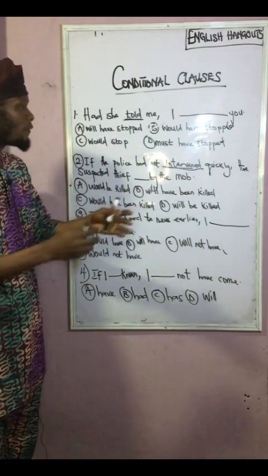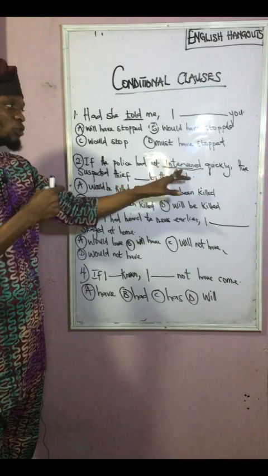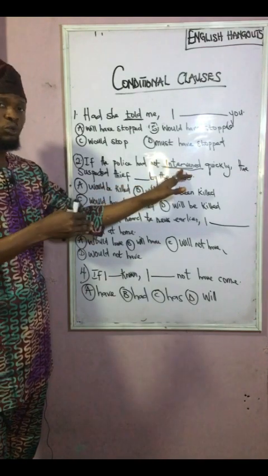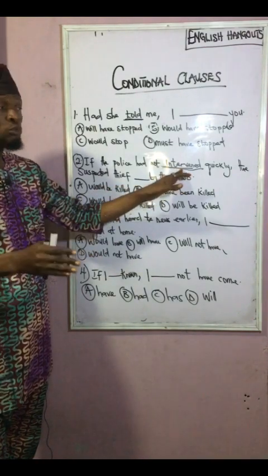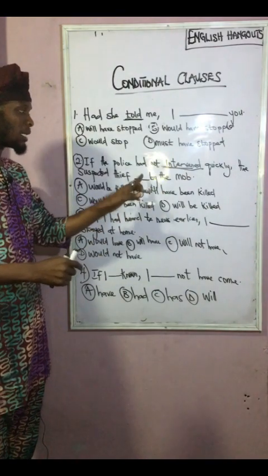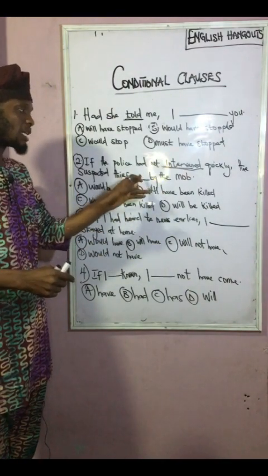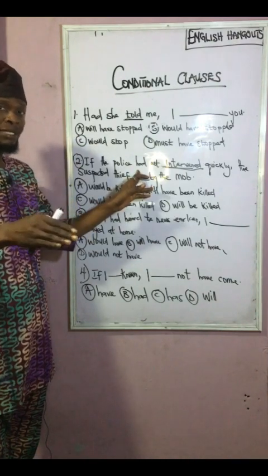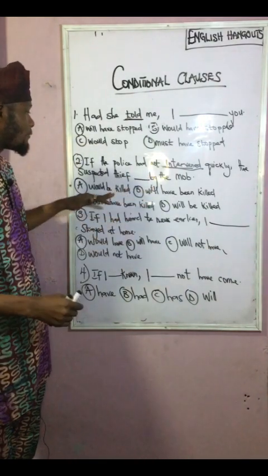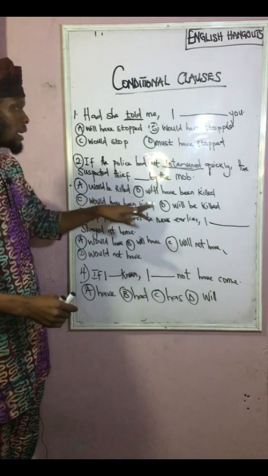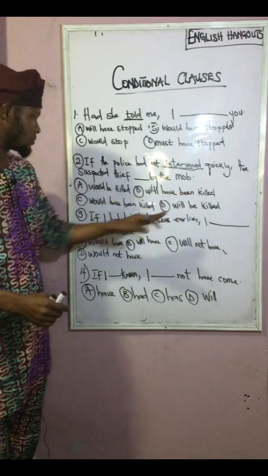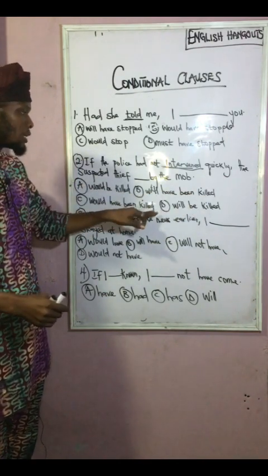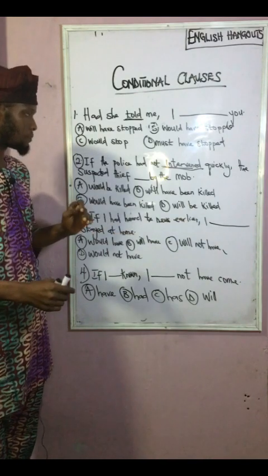Therefore, this shows that this particular condition is a typical example of what? An unreal condition. Therefore, the verb that is appropriate to complete the second clause should also be in the past form. Here we have would be killed, will have been killed, would have been killed, will be killed.